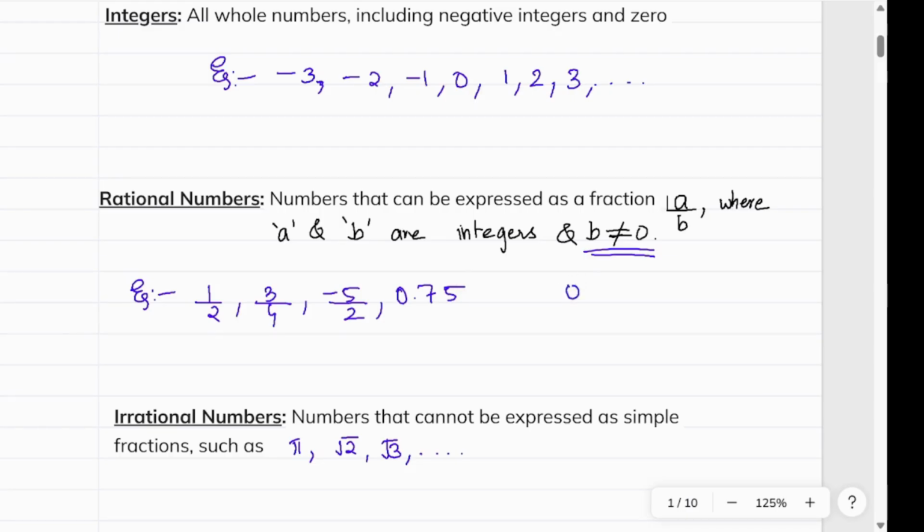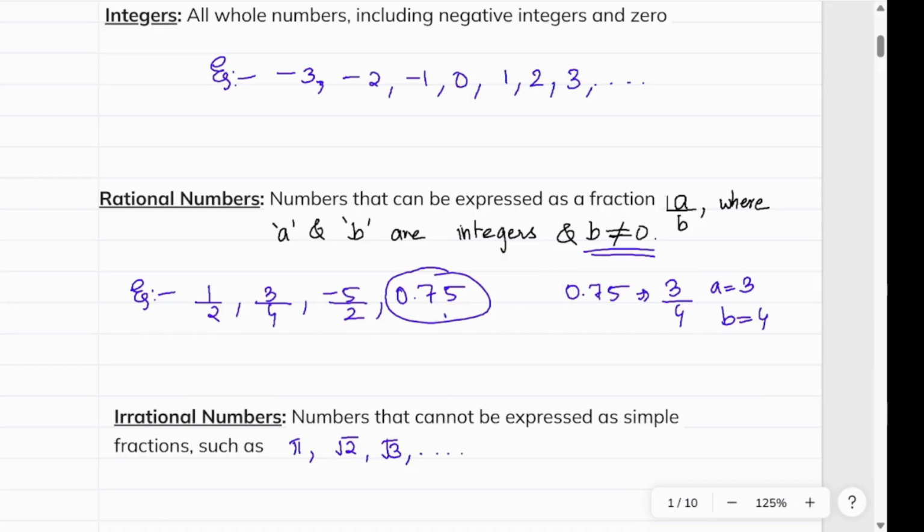Why? 0.75 is equal to 3/4, where a equals 3 and b equals 4. When we write 3/4, we get 0.75. So 0.75 is a rational number because it can be written in the form a/b.